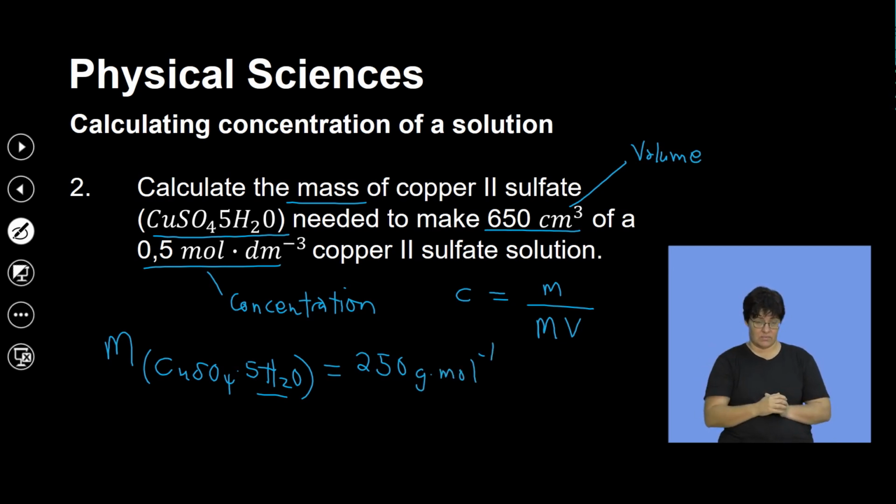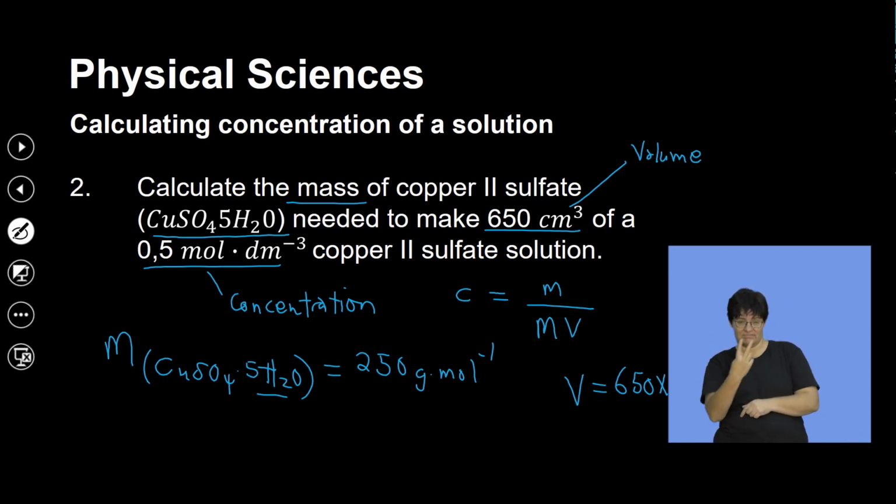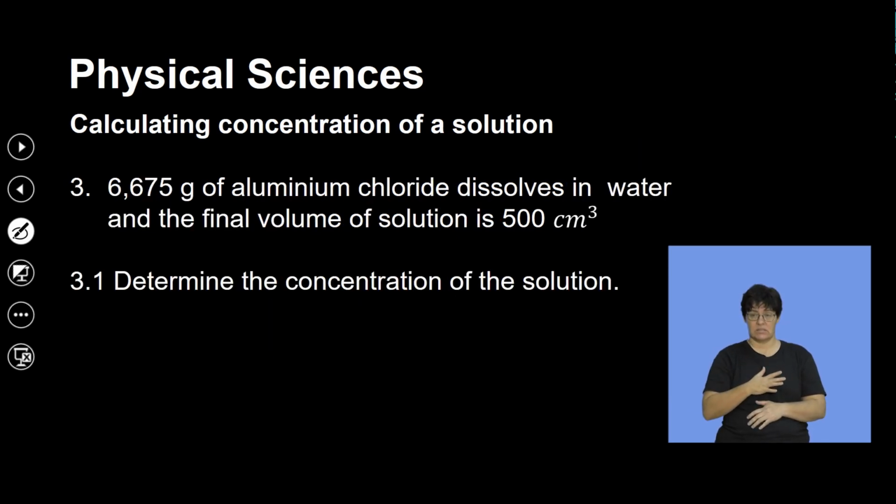The volume given in this case, V is equal to 650 times 10 exponent minus 3 cubic decimeters. So that's the volume.